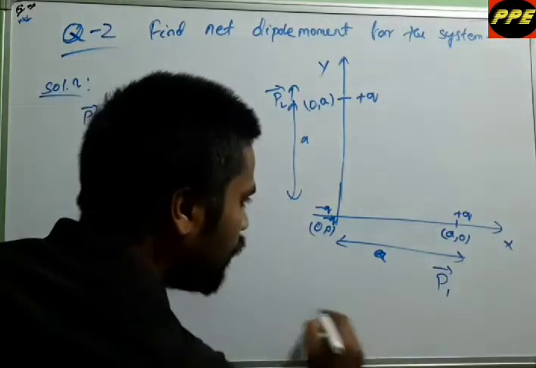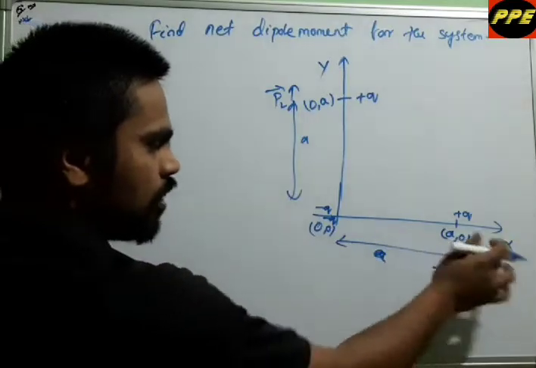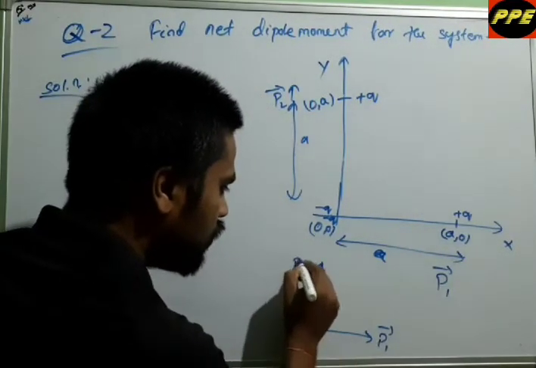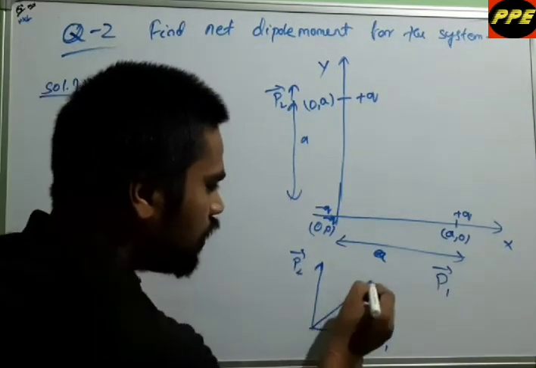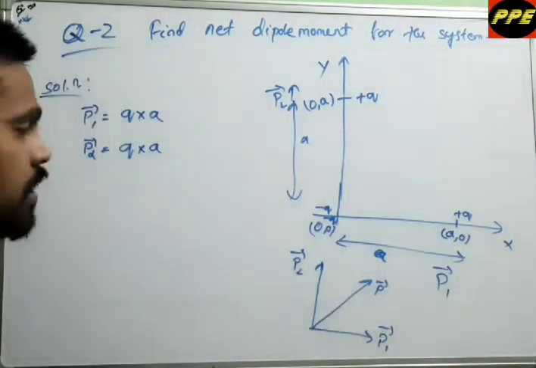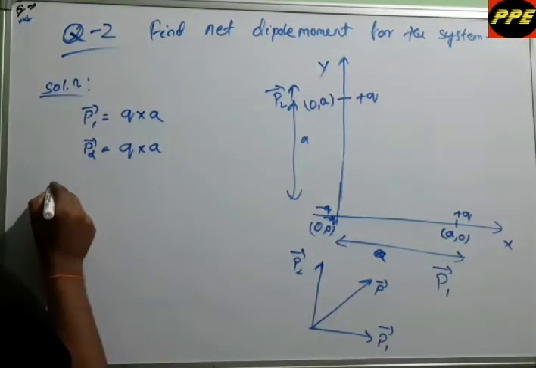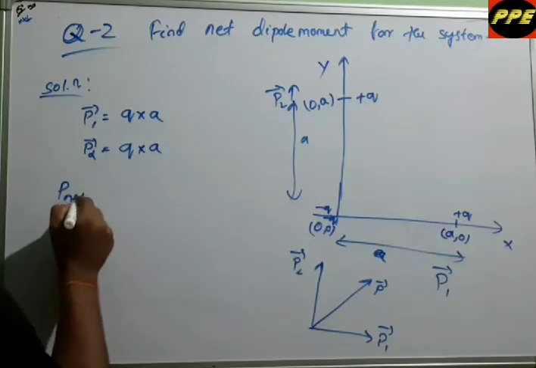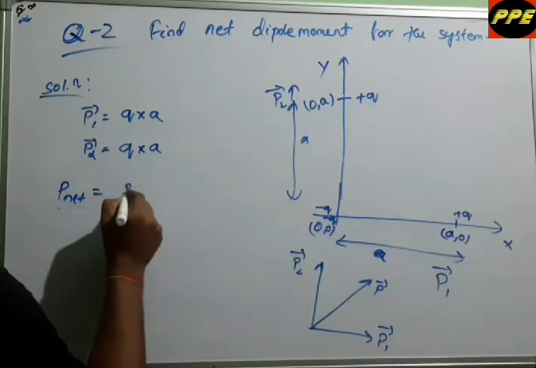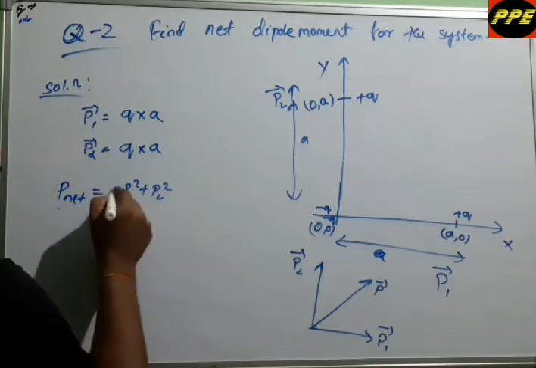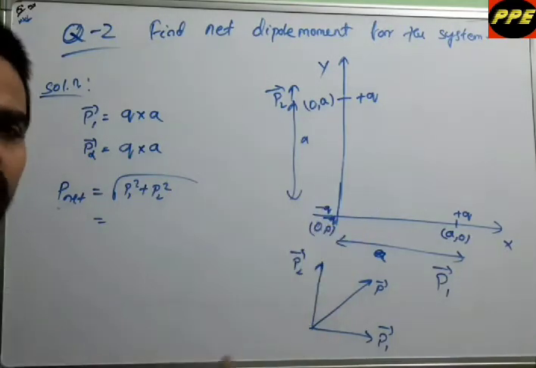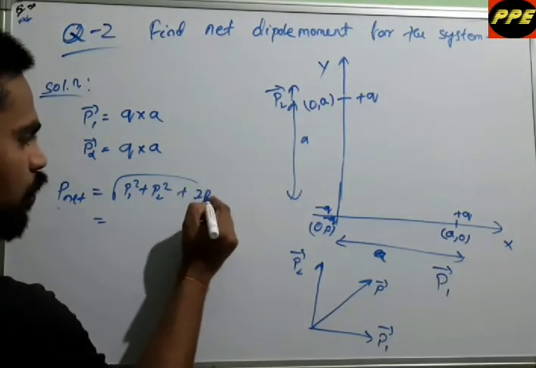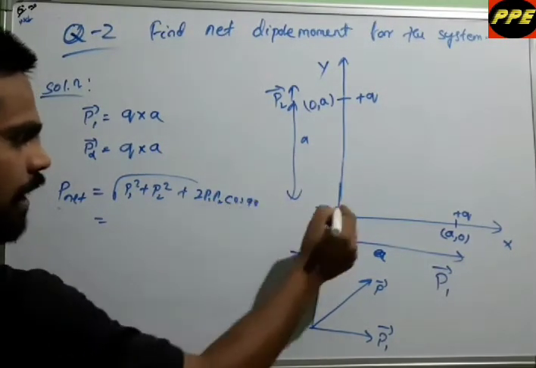Just see, one dipole moment direction is from -q to +q; the P1 vector is like this and the P2 vector is like this. What is the resultant? The resultant is like this because it is a vector quantity. So P net is equal to root over P1 square plus P2 square plus 2 P1 P2 cos 90, and the angle is 90.